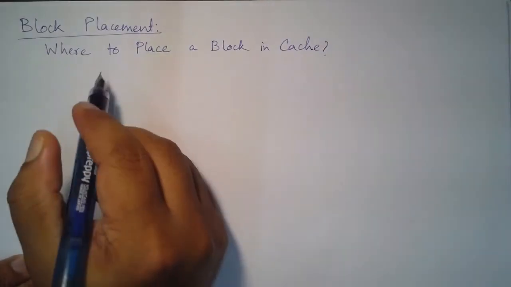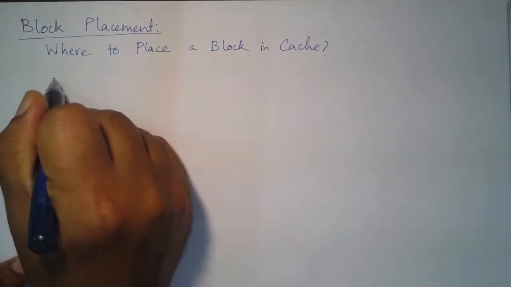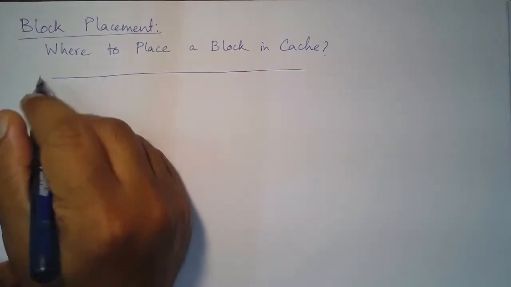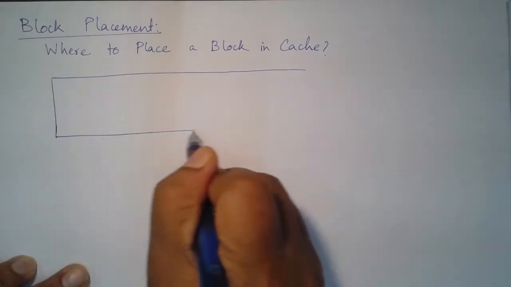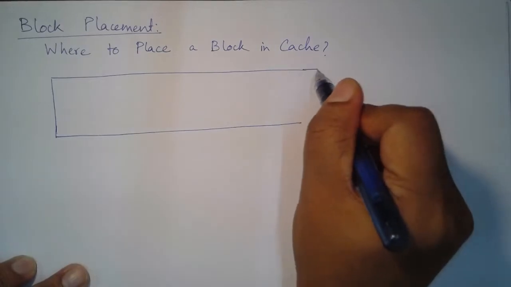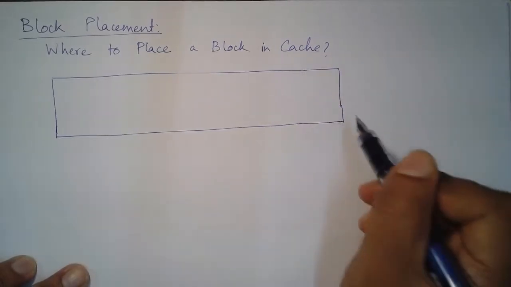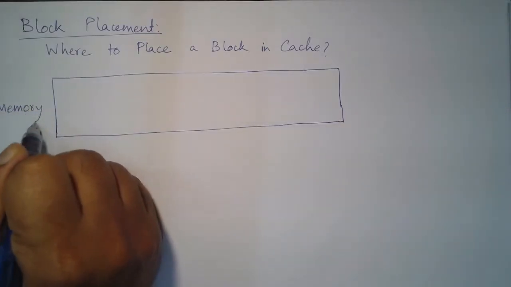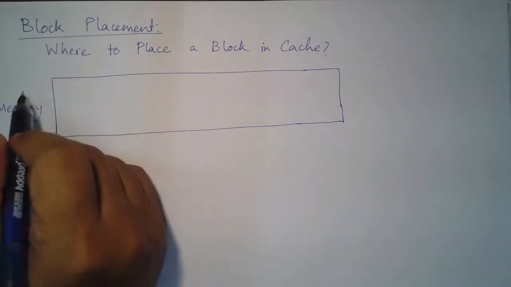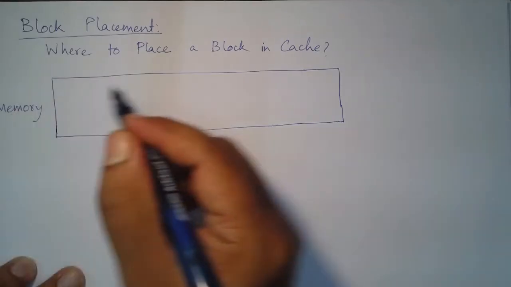Okay. So let's say I have my memory, and the memory is divided into blocks. For simplicity, for this understanding purpose, we will keep the memory not that big. So this is our memory. All right. And the memory is divided into blocks, and let's say we have 32 blocks.